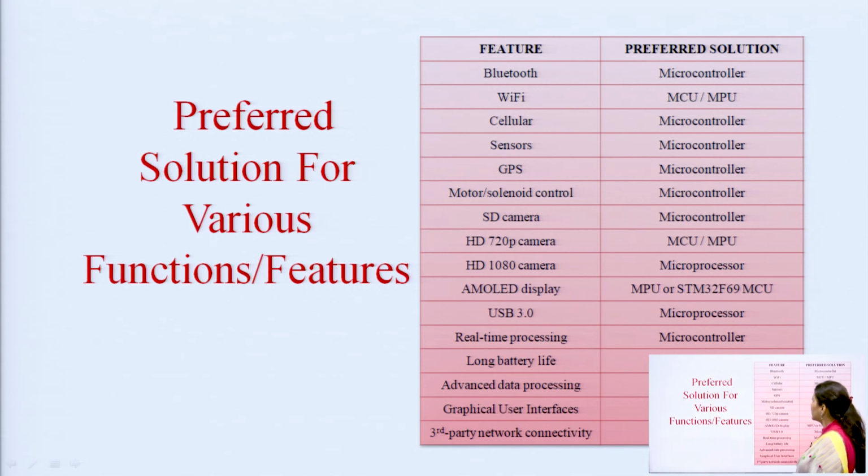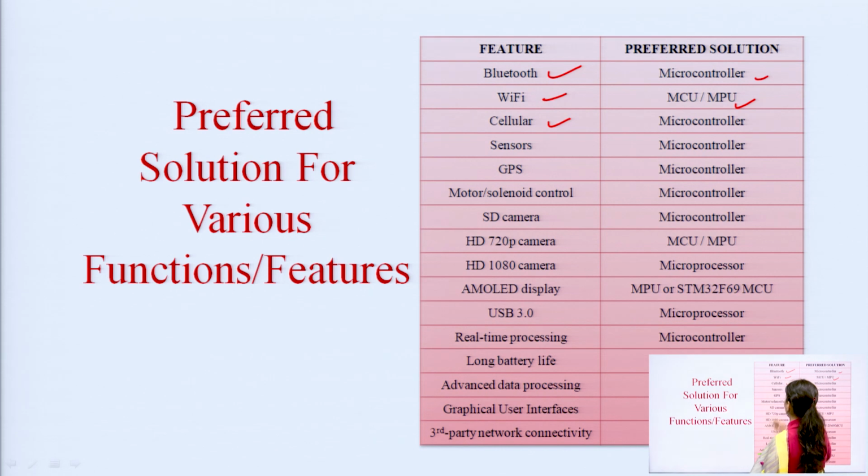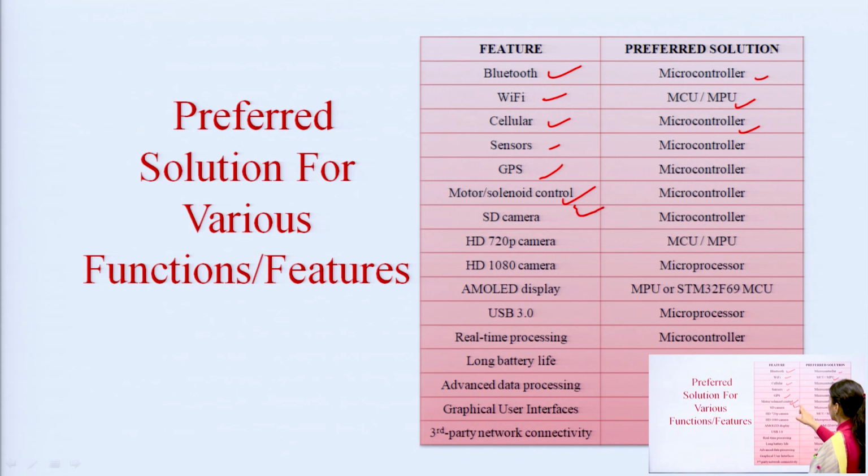Let us have a look at this. If we want the feature of Bluetooth in our design, then we can go for a microcontroller. Similarly, if we want to include Wi-Fi in our system, then we can go for either the microcontroller or the microprocessor. Next, if we want to include the cellular feature, then again a microcontroller. Similarly for sensors, GPS, motor or solenoid control, and then SD camera.